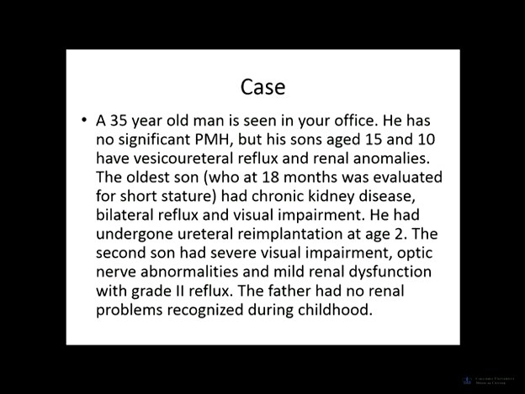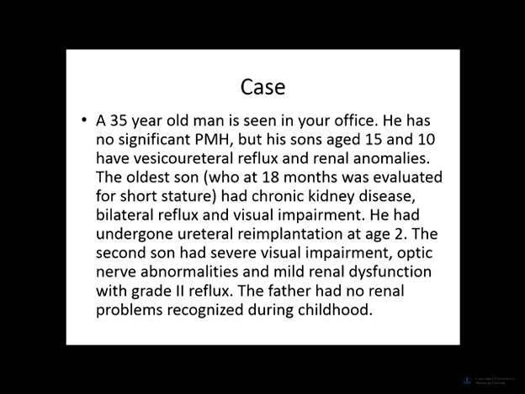So let's go back to the case. This is a 35-year-old man, and he has no known past medical history. He has 2 sons, age 15 and 10, with reflux and renal anomalies. And the oldest son was evaluated at 18 months for growth failure.